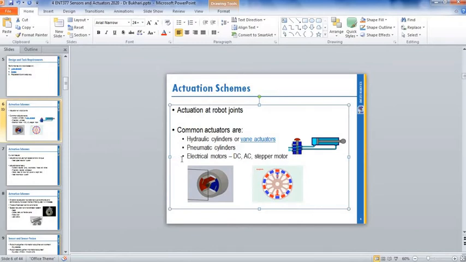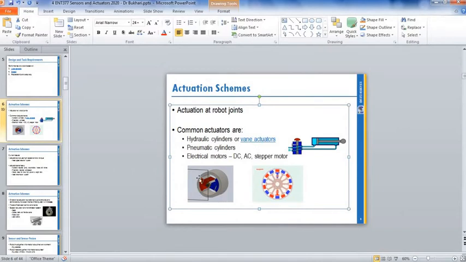As you see in KUKA robots, ADEPT robots, they all use stepper motors or DC. Some use AC motors. They are very strong, and are used to pick and place very big equipment. So now electric motors combine high accuracy and high torque.